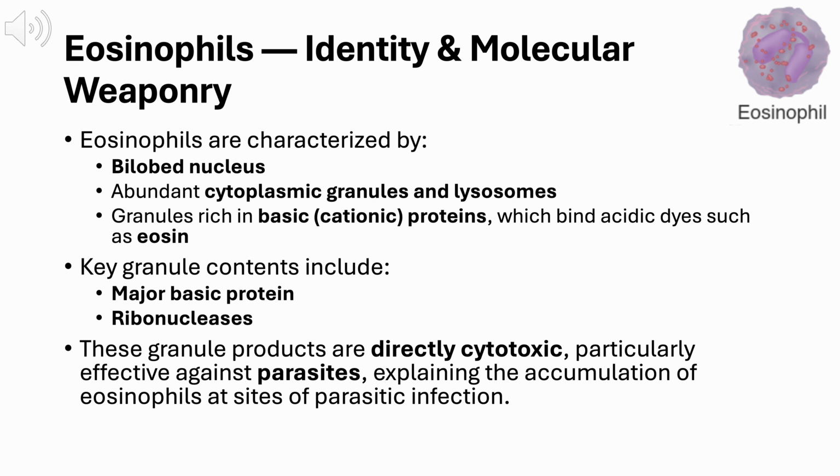These molecules are directly cytotoxic and are especially effective against parasites, which are often too large to be phagocytosed. Instead, eosinophils accumulate around the organism and release their toxic granule contents onto its surface. This mechanism is useful for host defense, but the same products can also damage surrounding tissue when eosinophilic inflammation is excessive.